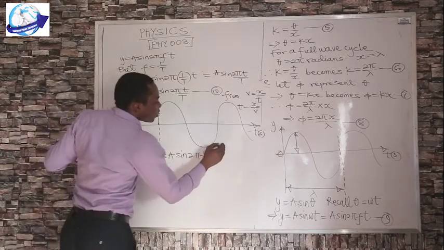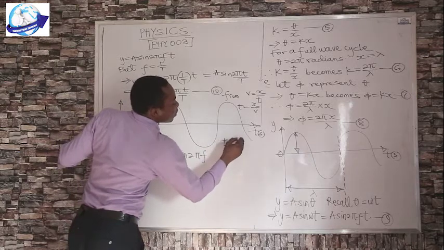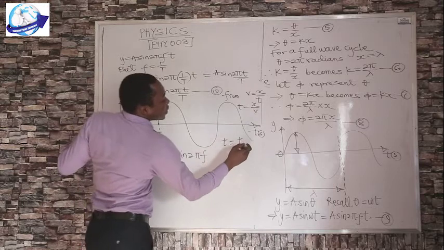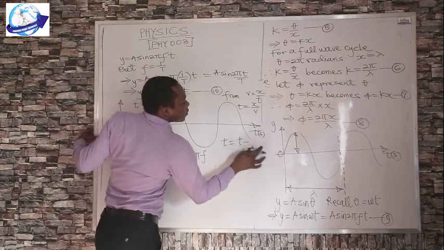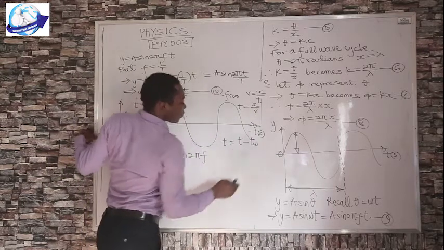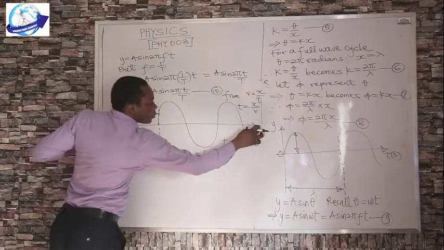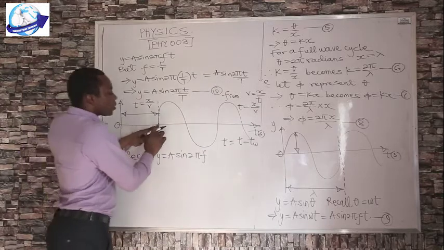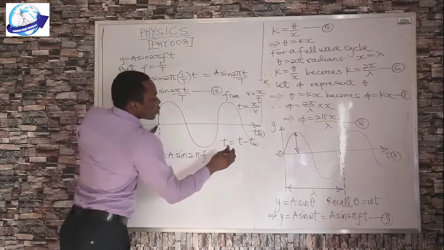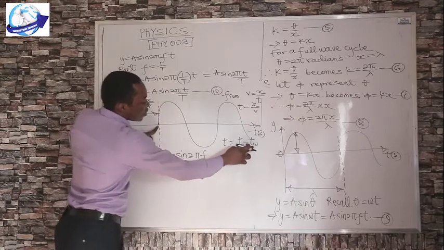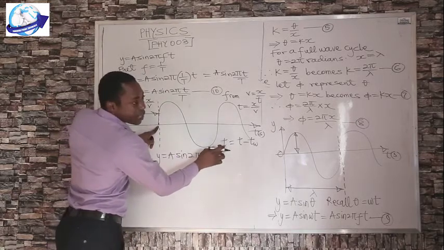This t here will then be the full time from the origin minus the time the wave starts rising. The full time from the origin to the very end minus the time the wave starts rising. So it means the full time, which is the t, minus the time that the wave starts rising. That one gives me the real t.